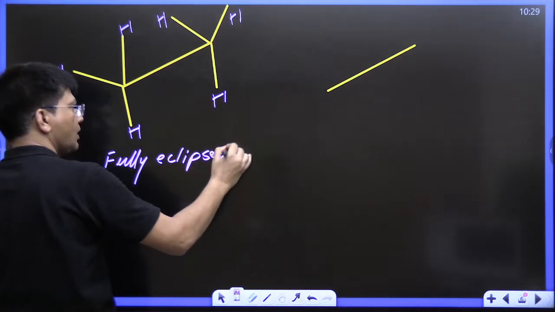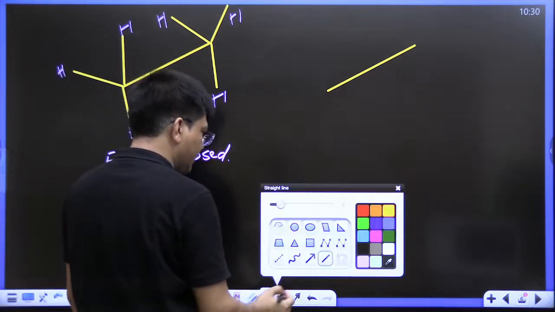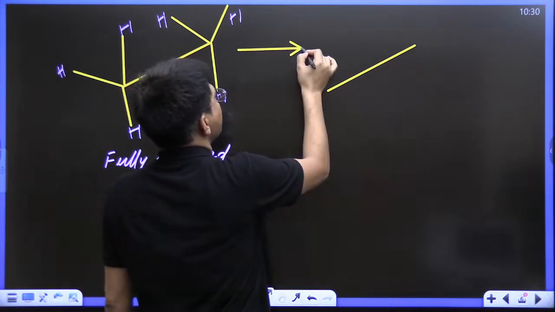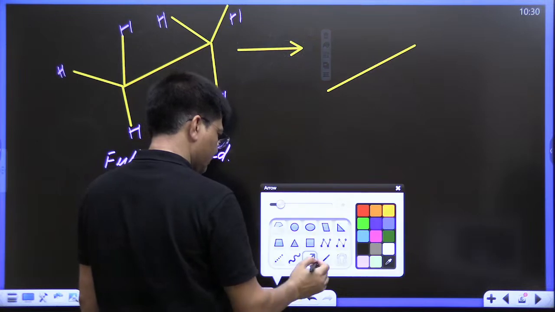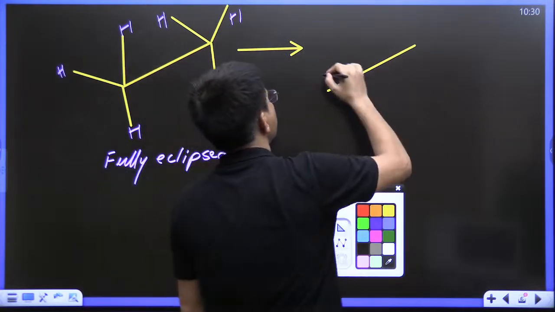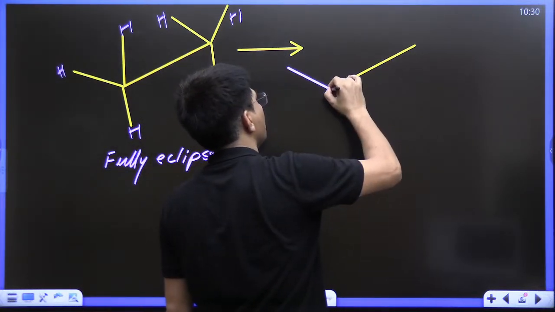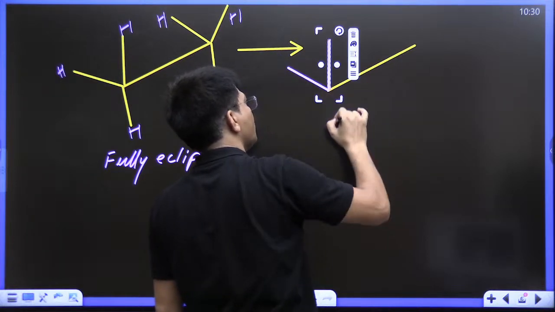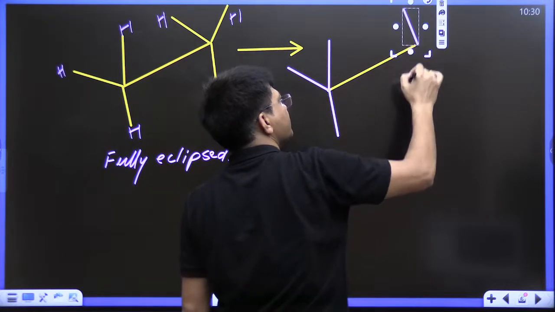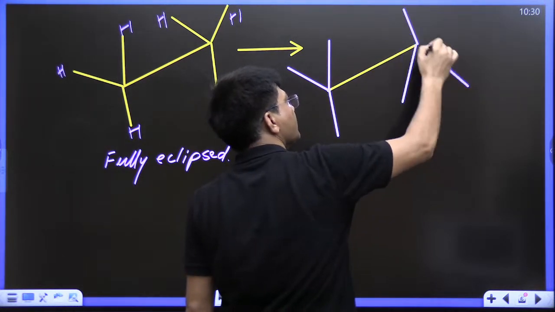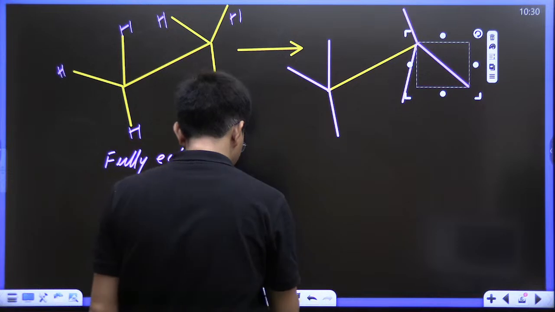Right? Now it has rotated and it has formed a structure like this. Now just try to see. This is your regular Y, and this one is your inverted Y. So this is your fully staggered form.